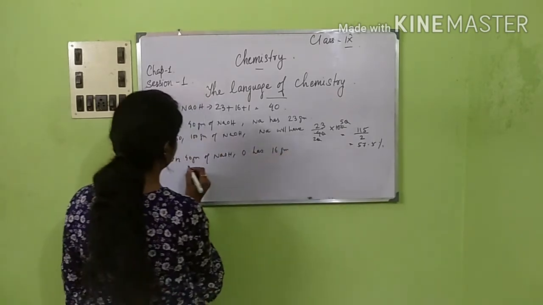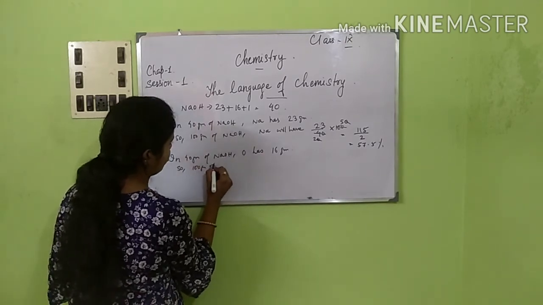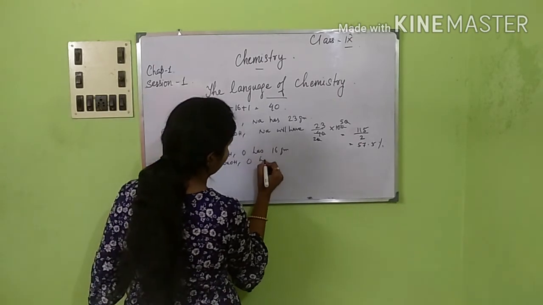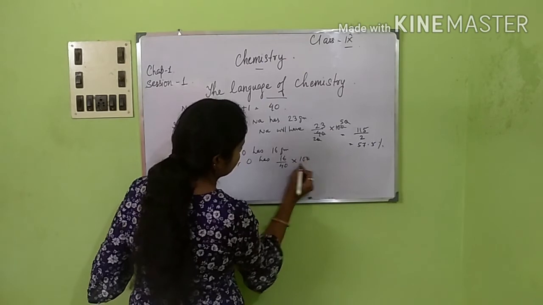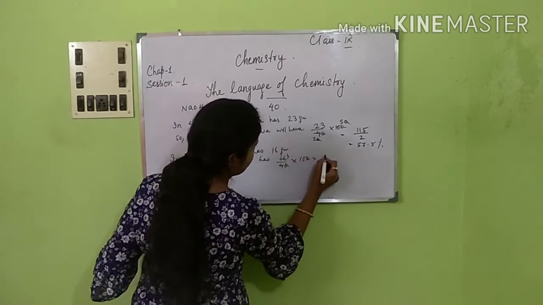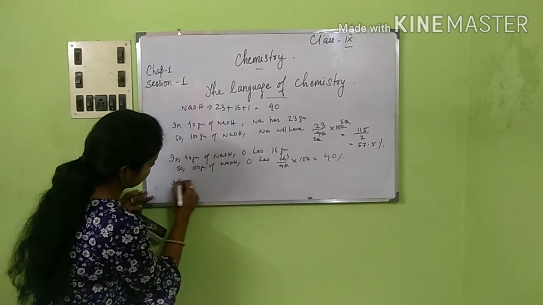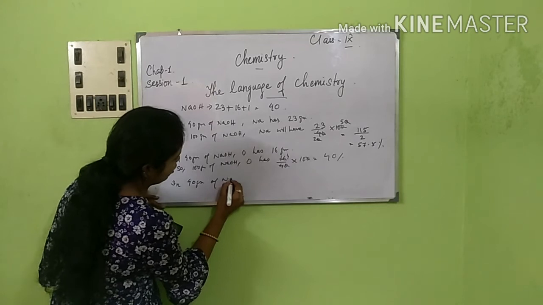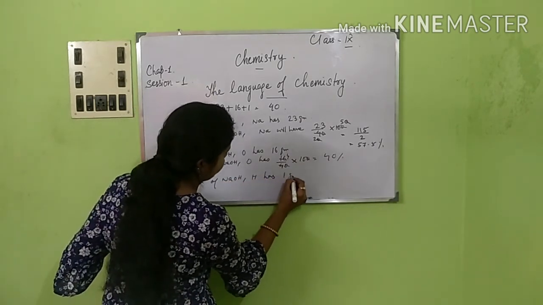Okay, next, in 40 gram of NaOH, oxygen has 16 gram. So in 100 gram of NaOH, oxygen has 16 by 40 into 100. Cutting the zeros, 4 4s are 16, that means 40%. And in 40 gram of NaOH, hydrogen has 1 gram.